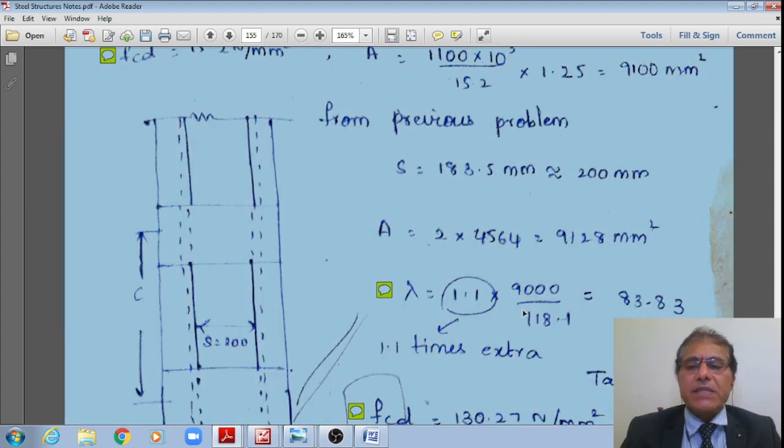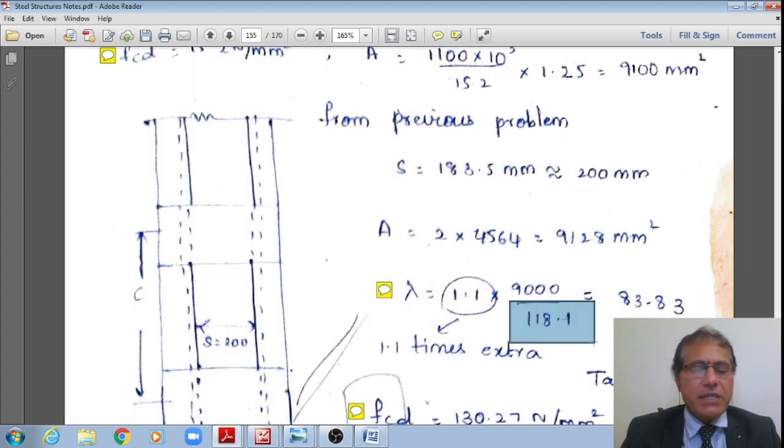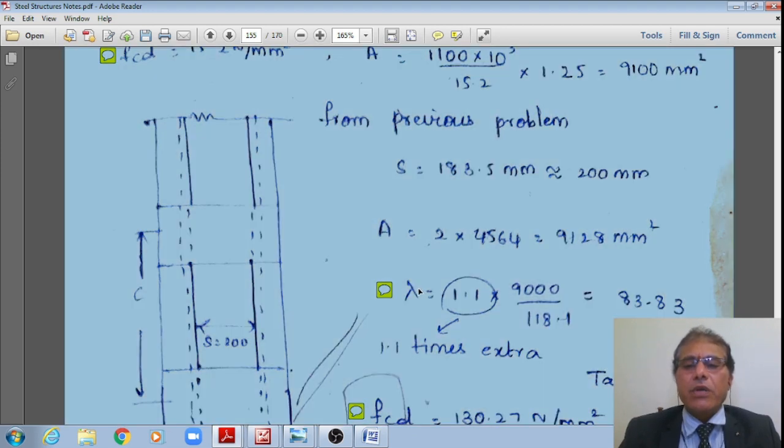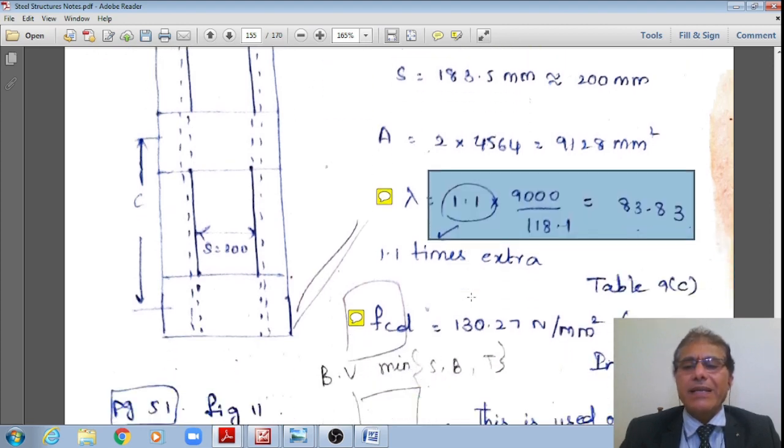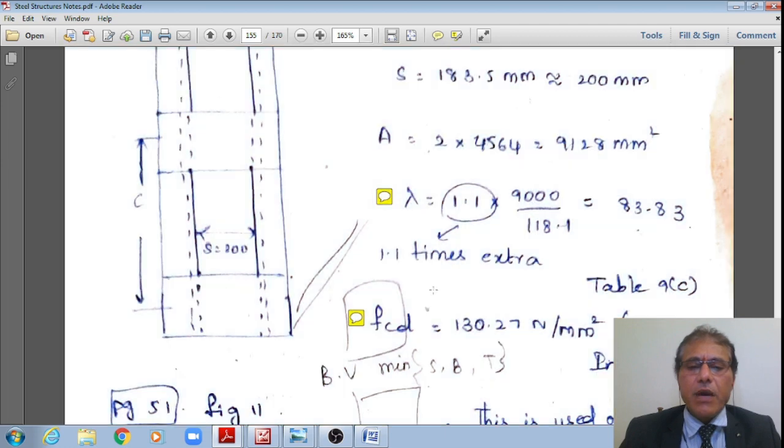Hence, because the built-up section is placed symmetrically about this major axis, Rxx will be 118.1, which is the minimum value. However, Ryy for the built-up section is greater than 118.1. That is our target as per the codal specification. Hence, for the built-up section, r min is equal to 118.1. That will decide later. Hence, you now target the slenderness ratio of 83.83.